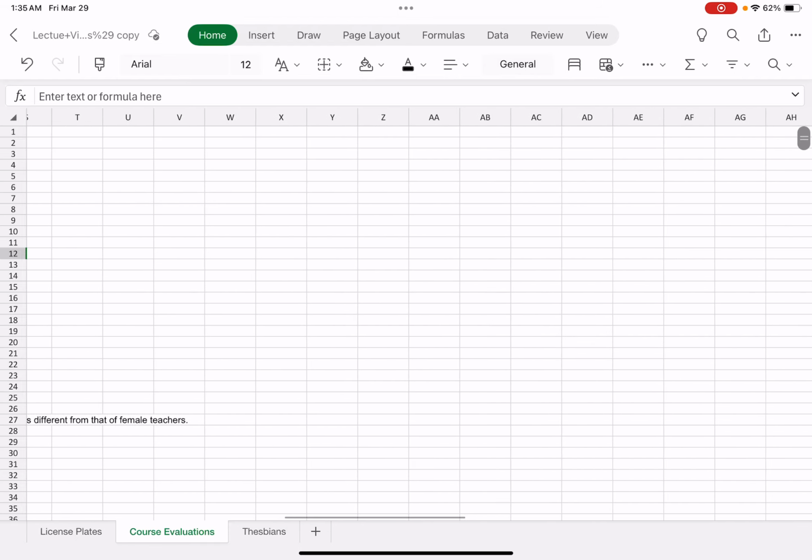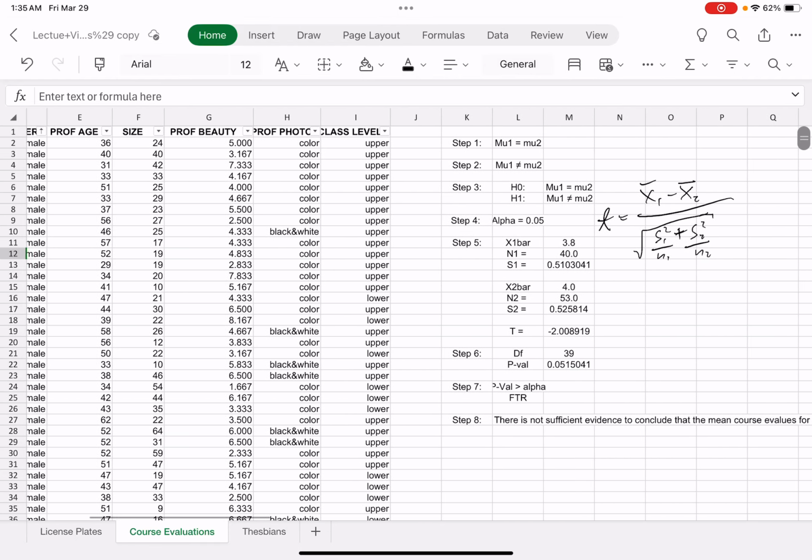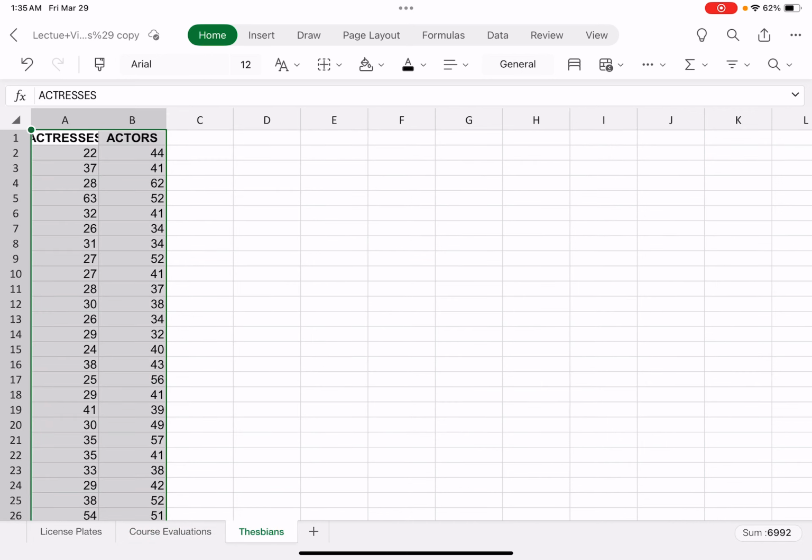These are matched pairs because they are the ages of the recipients of the Best Actress and Best Actor awards in the same year. I think the first year was 1927, and so both the 22 and the 44 are associated with 1927, so they are matched.